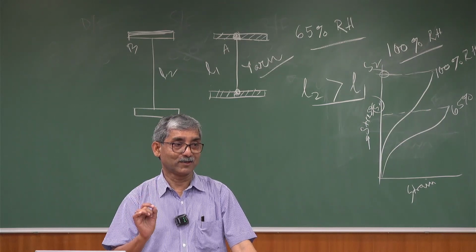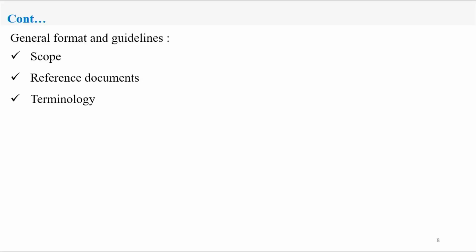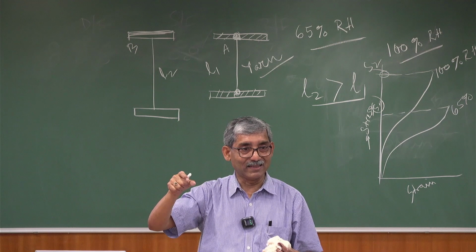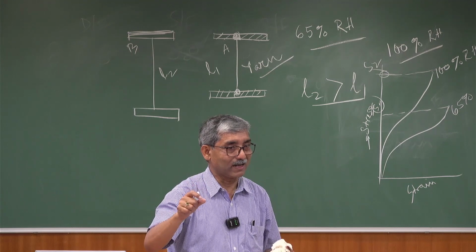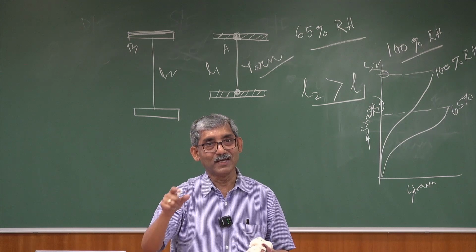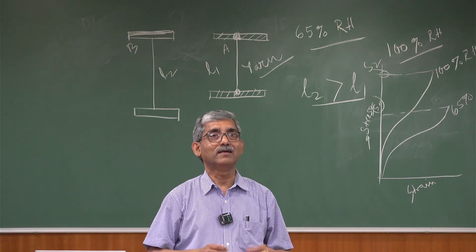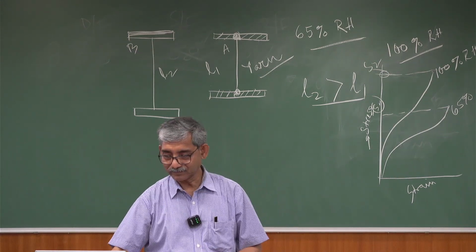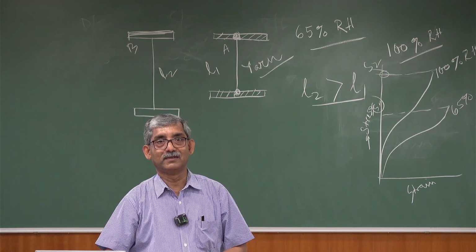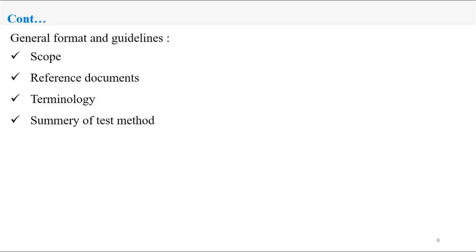Then terminology, like fiber length: what is the mean length, the 2.5% span length or 50% span length, the uniformity ratio. These terminologies will be discussed there. Then a summary of the test method.